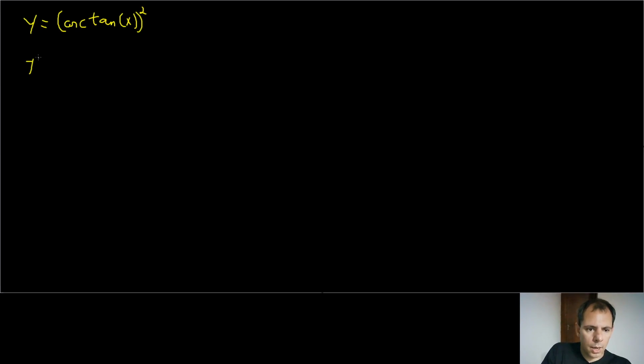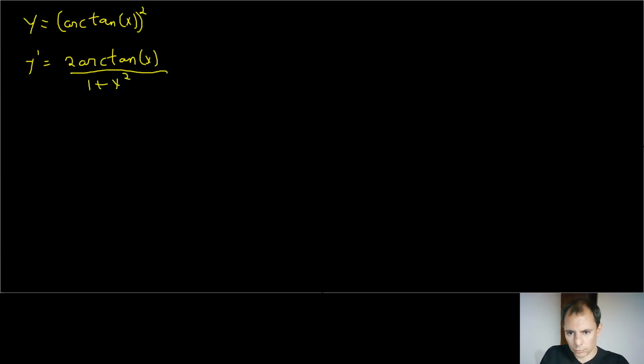So y prime is just going to be 2 times arc tangent of x, times the derivative of the inner function, the arc tangent of x. So it's going to be times 1 divided by 1 plus x squared. Now, you see, that's the first derivative.